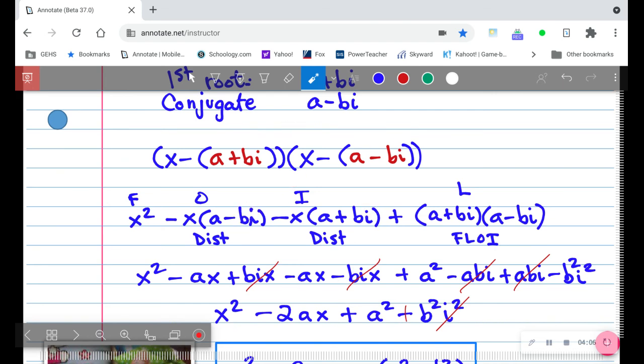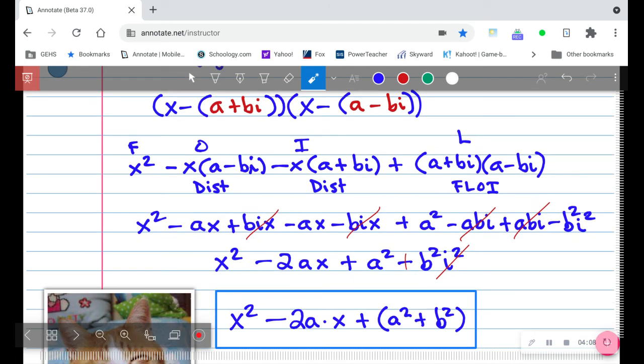And last times last gives that part. Then I distribute here. That gives me these two. I distribute here. That gives me these two. And I do first times first, last times last, outside and inside here. And everything cancels. These 4 cancel. This i squared crosses out and makes this a plus b squared. You can see that work right there.